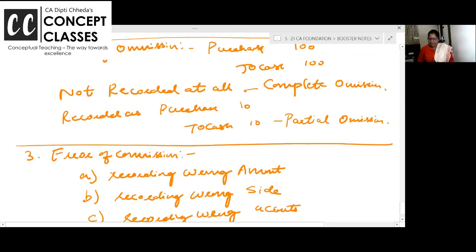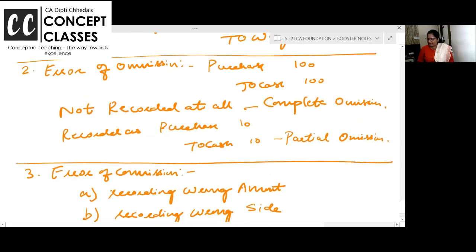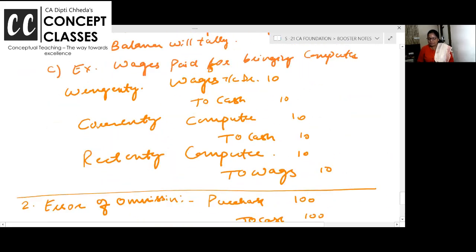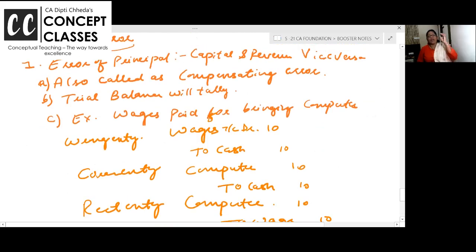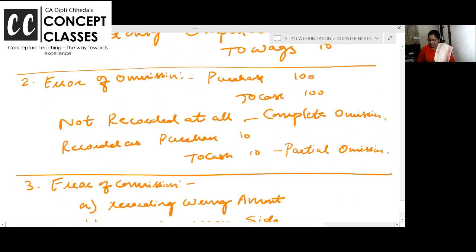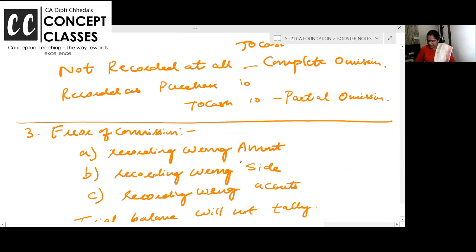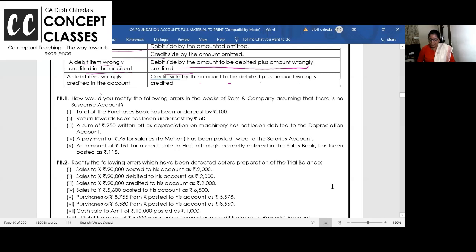Error of commission, error of omission, error of principle. All clear to all of you? Chalo. That's it for the theory. Now let us go to the material and work out some nice problems. First one only we will do.